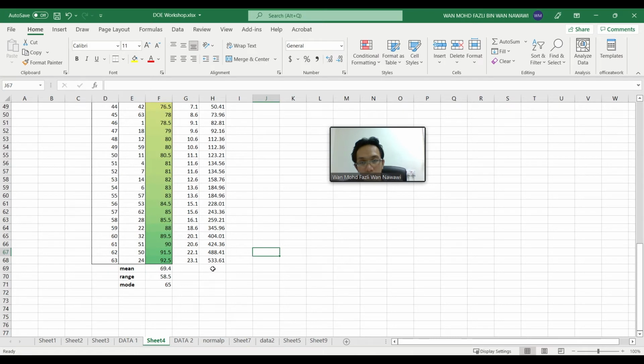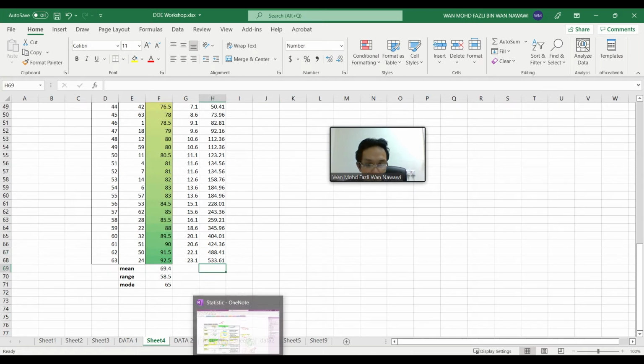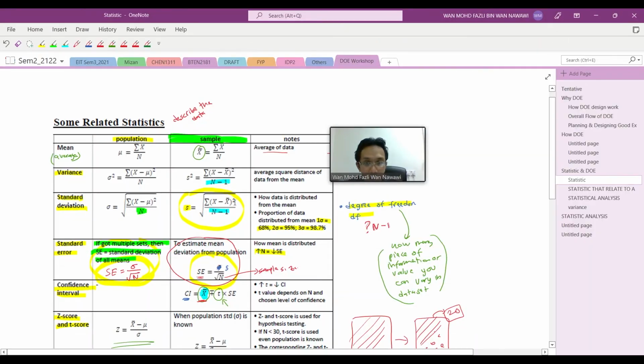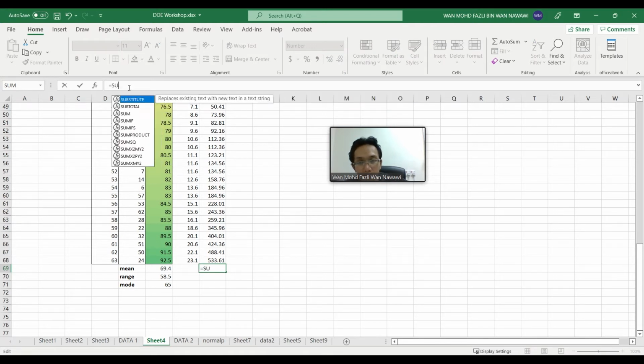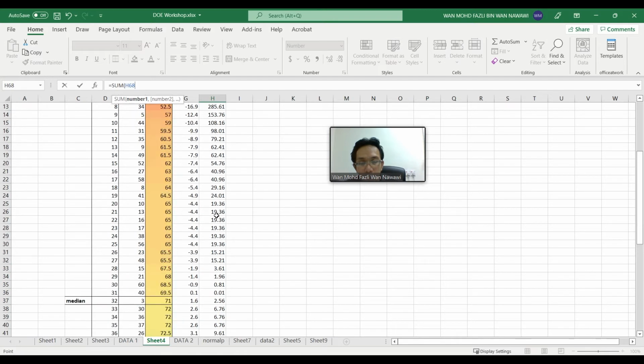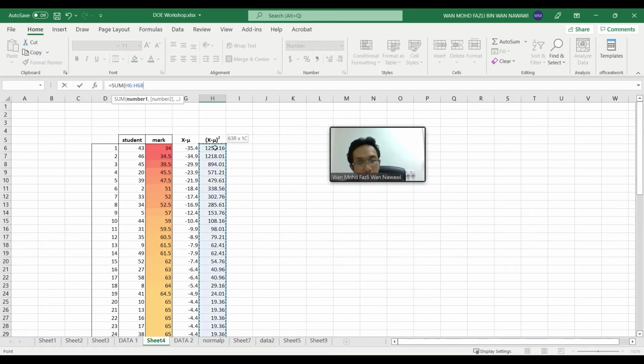If you look at this table, after you square, you sum the values. So here you just put sum, the sum of the squares, the sum of everything from the data that you squared.